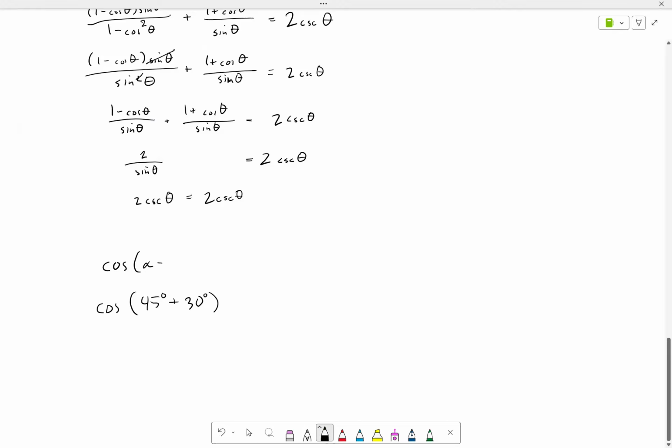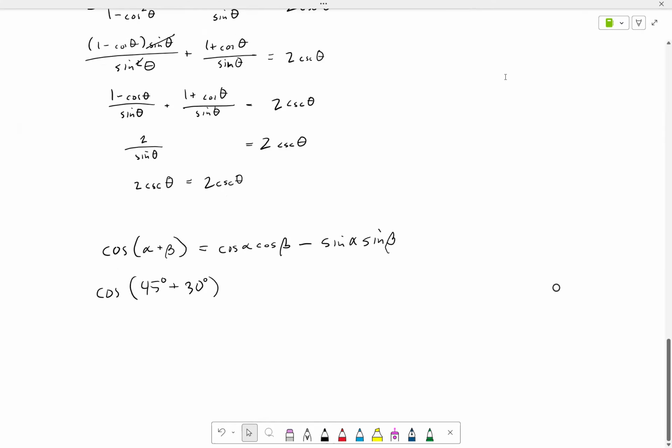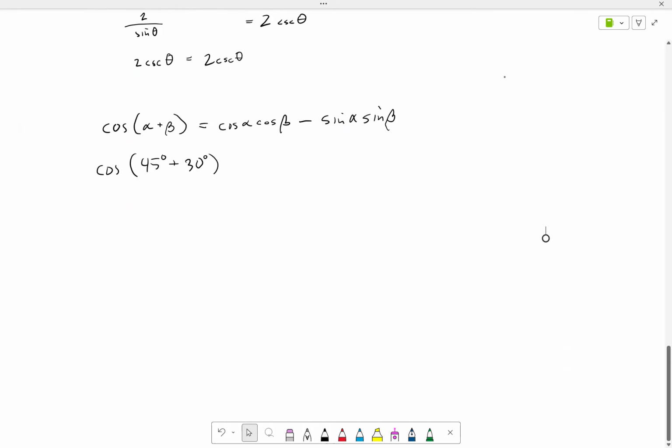Cosine of alpha plus beta is equal to cosine alpha, cosine beta, minus, its cosine is going to be opposite, sine alpha, sine beta. So using this, you see what we're going to do? Cosine of 45 degrees times cosine of 30 degrees minus. I'll let you finish.